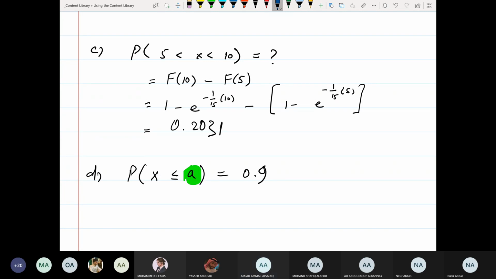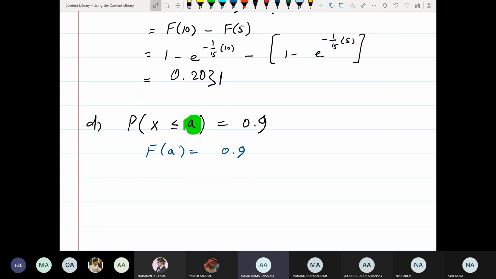So you can solve this equation because the left side is capital F of A, and this will be 0.9. You plug in the value A into the distribution function. Distribution function capital F of x is given in the formula sheet. It is 1 minus e to the power minus lambda times x. This is 0.9.